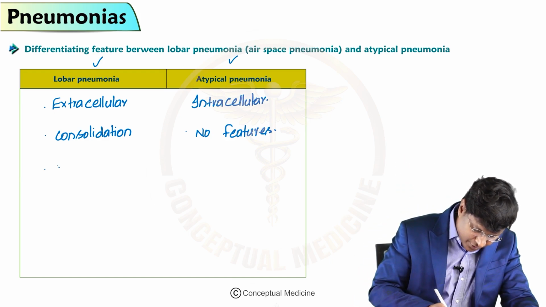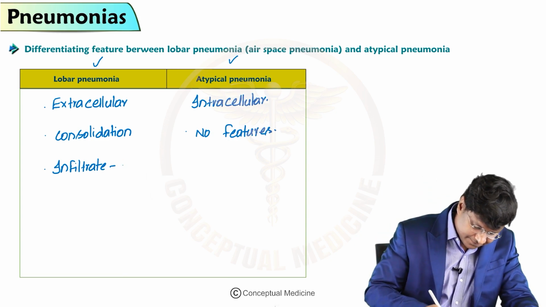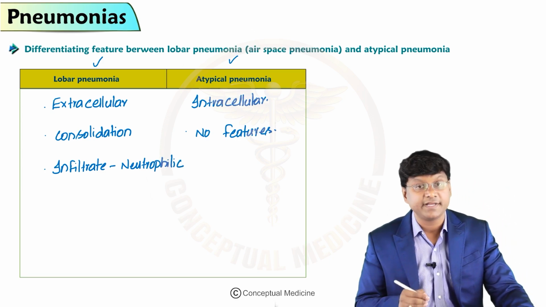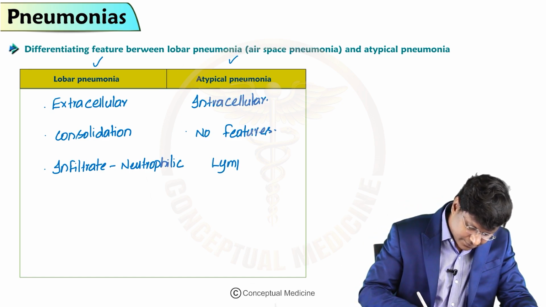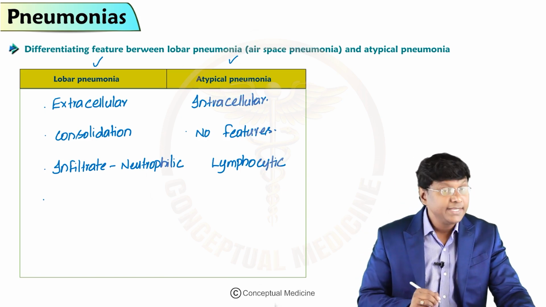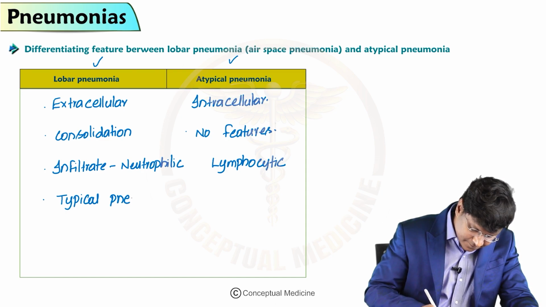The infiltrate in lobar pneumonias is neutrophilic predominance, whereas in atypical pneumonias it is lymphocytic predominance.